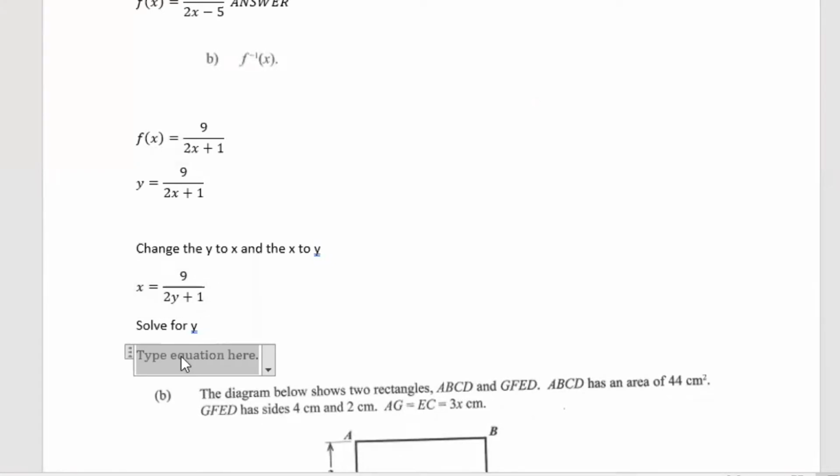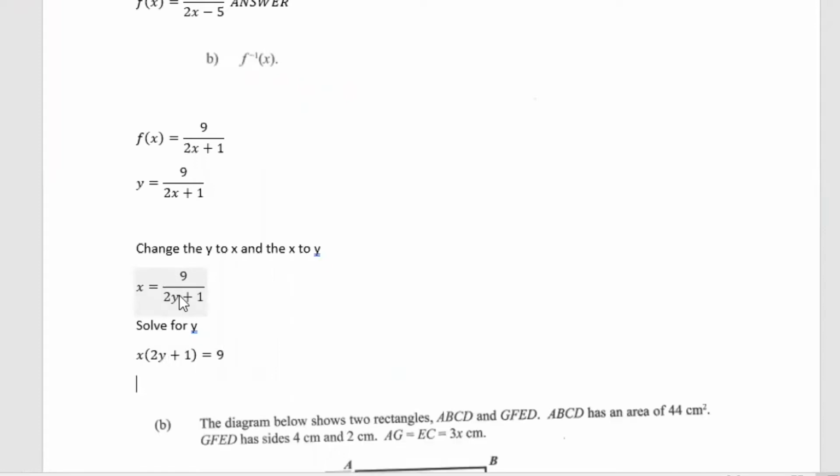What that will look like is x being multiplied by, as it was dividing here, so it will be x multiplied by 2y plus 1 is equal to 9. So now working out that using distributive law, x multiplied by 2y will give us 2xy plus x multiplied by 1 will give us 1x, or x, either way that you choose, is equal to 9.